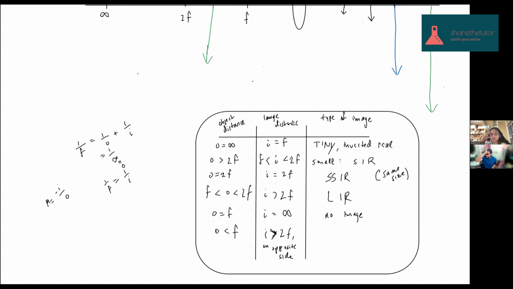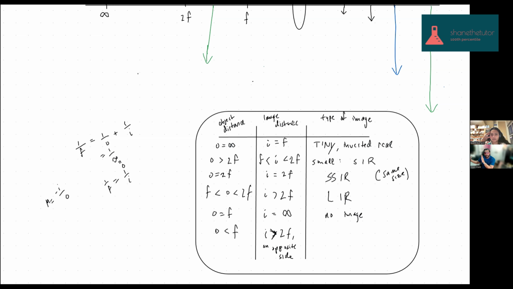So I should say opposite side, right? What does that mean? Because that could be confusing. It'll be the opposite side of what you've been doing so far. So far for the image, we've been making the image to the right of the lens. So now it'll be greater than 2f on the left of the lens. So this would be a large upright virtual image.